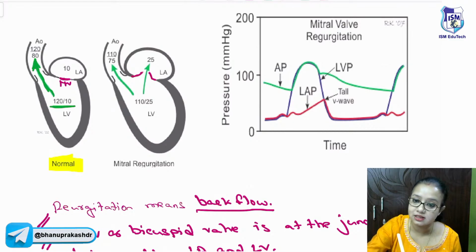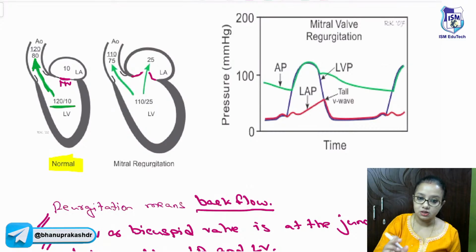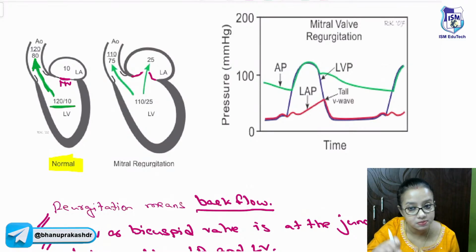Or let's think in such a way that the mitral valve is not closing properly due to some defect in the flaps of the mitral valve.